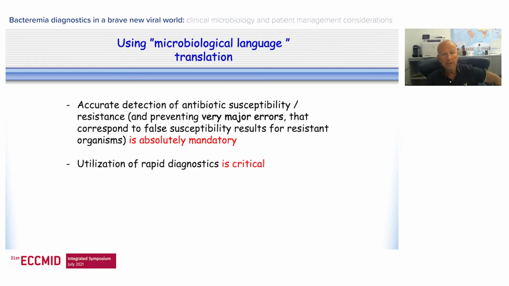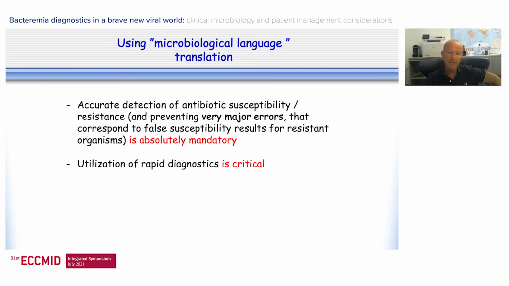That means, using microbiological language, that we need an accurate detection of antibiotic susceptibility and antibiotic resistance by preventing very major errors, which correspond to false susceptibility results for the resistant microorganism. And this accurate detection is absolutely mandatory.